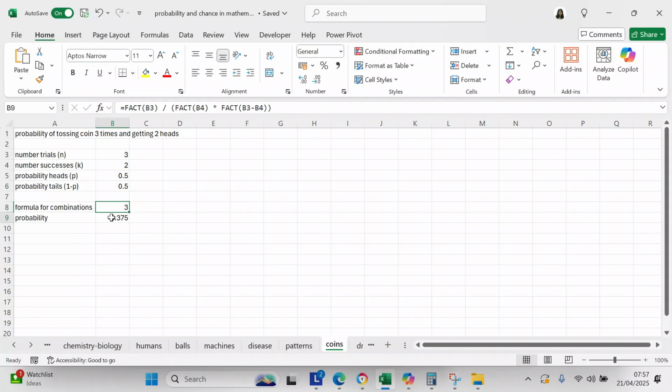And so your probability is going to be a combination of B3, B4 times B5 to the power of 2 times B6 to the power of B3 minus B4, and that gives you a probability of 0.375. So that's the probability that you'll get if you toss a coin 3 times and you get 2 heads.